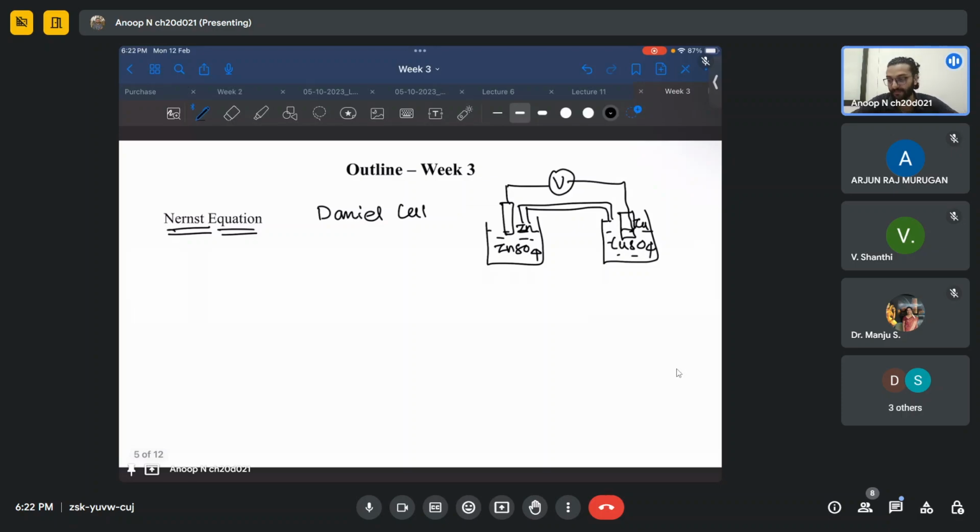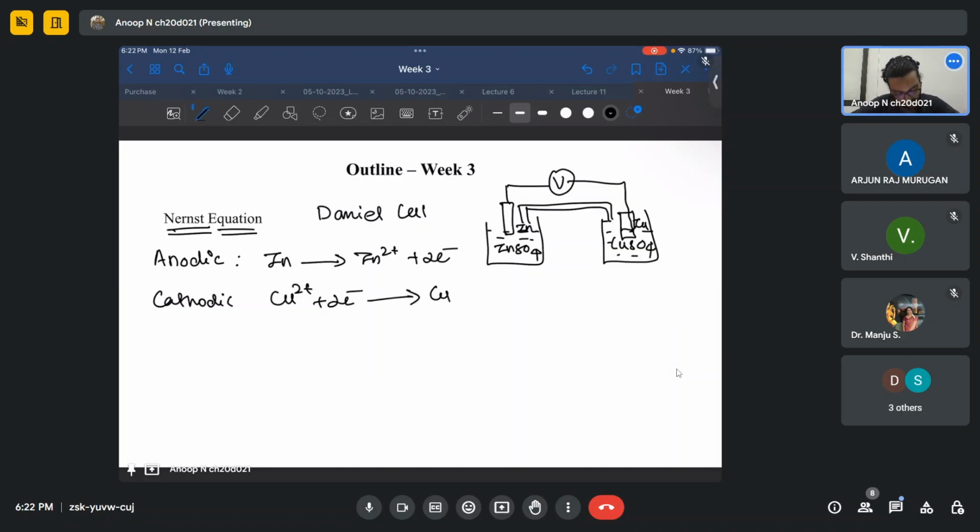So what happens here? What is the anodic reaction? I'll write it, one of you can tell also: Zn gives Zn2+ plus 2 electrons. Then what is the cathodic reaction? We have Cu2+ plus 2 electrons gives Cu.